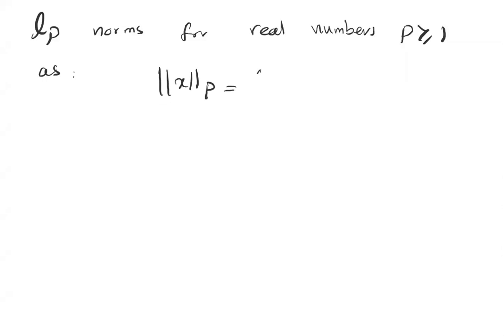So we can show Lp norms for real numbers p greater than or equal to 1 as: norm p of vector x is equal to sigma i from 1 to n, absolute value of x i to the power p, all to the power 1 over p.